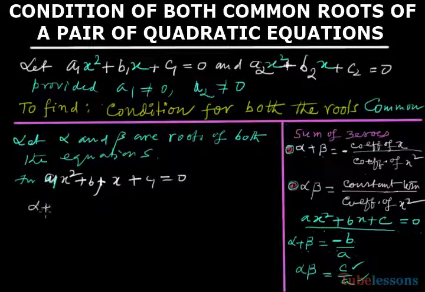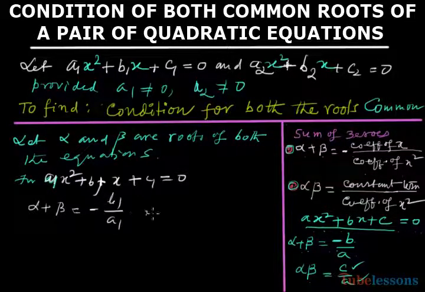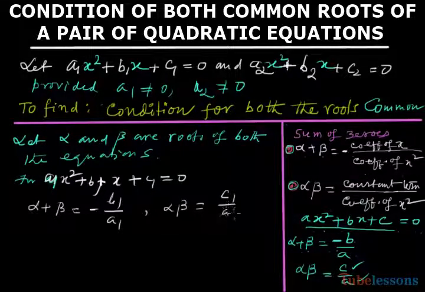Alpha plus beta is equal to minus b1 by a1, and alpha beta, the product of the roots, is equal to c1 by a1.